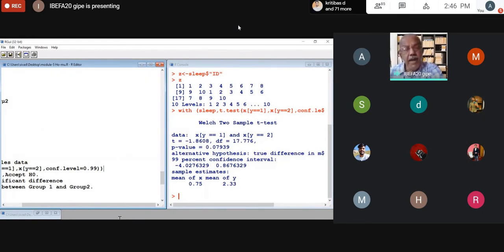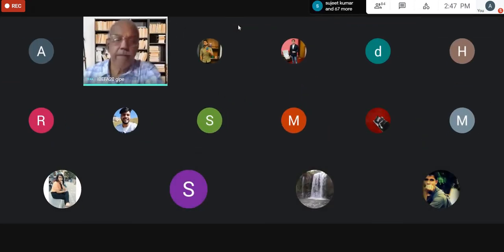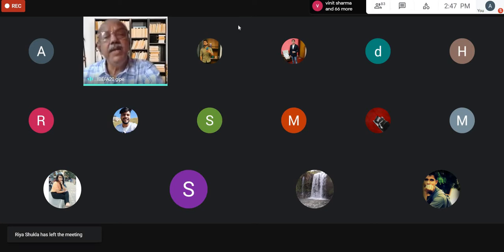So the 1-parameter test and 2-parameter test, critical value approach and p-value approach, are shown to you. But in the remaining topics in your statistics, we always have the p-value approach, keep that in mind.